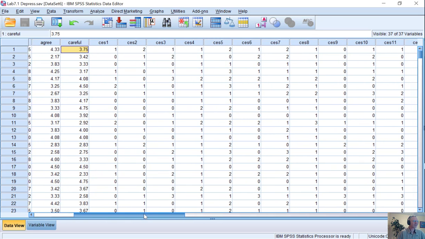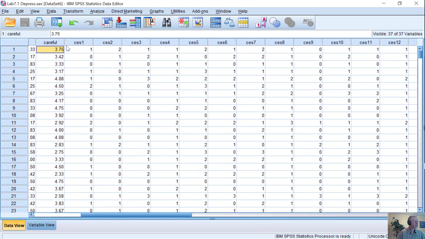And then we have depression. Depression is measured using what's called the Center for Epidemiological Studies Depression Inventory. It's called the CESD, and here I have used a shorthand for it by labeling it CS: CS item 1, CS item 2.